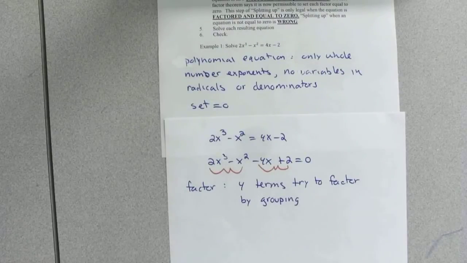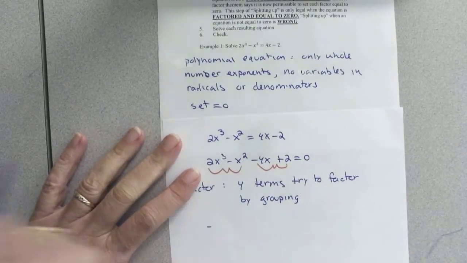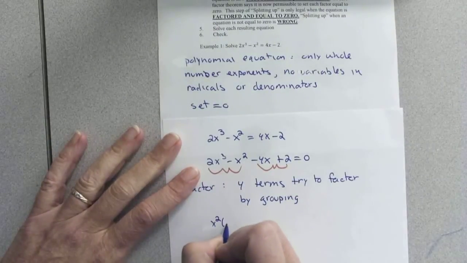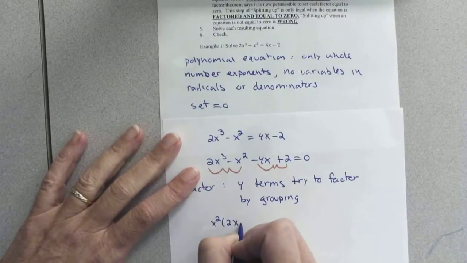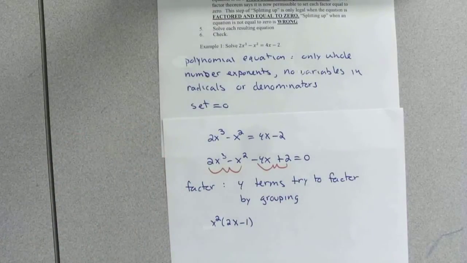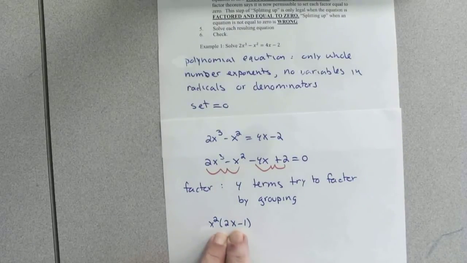Once you've grouped your terms together, you then take out a common factor. Out of the first 2 terms, I can factor out an x squared, leaving behind a 2x minus 1. Now out of the next 2, I can factor out a 2, but I want to create an identical factor over here. What I want to create is a 2x minus 1.